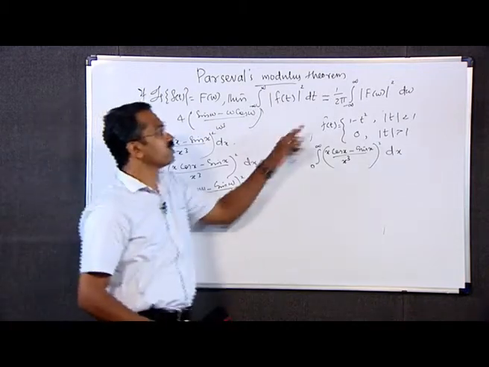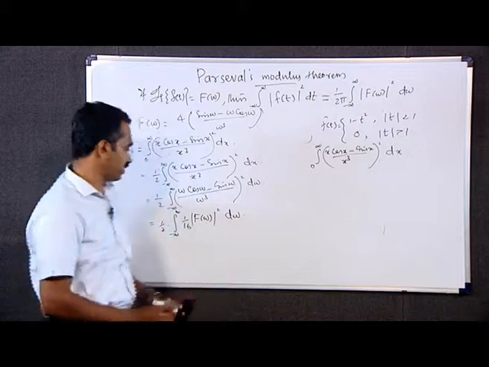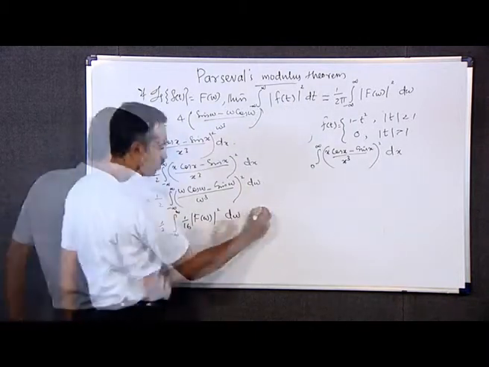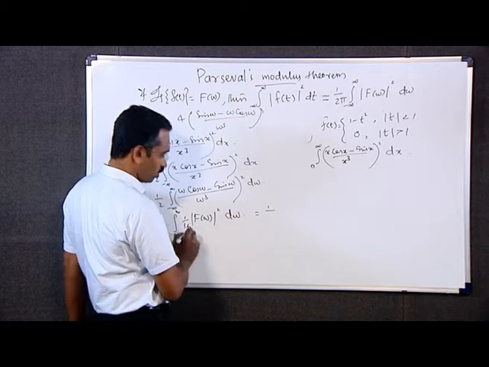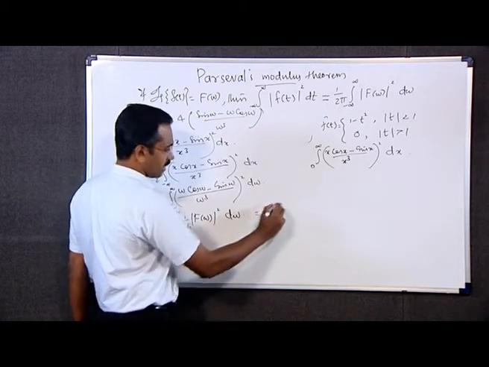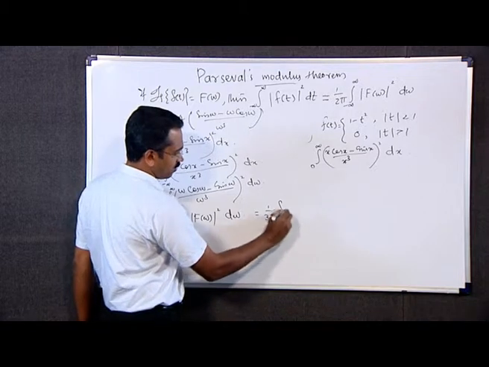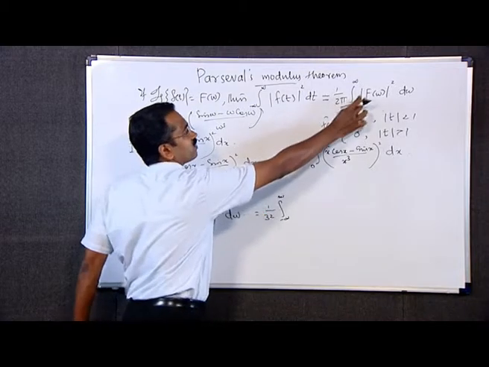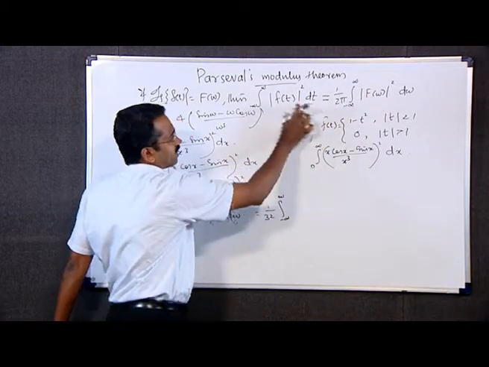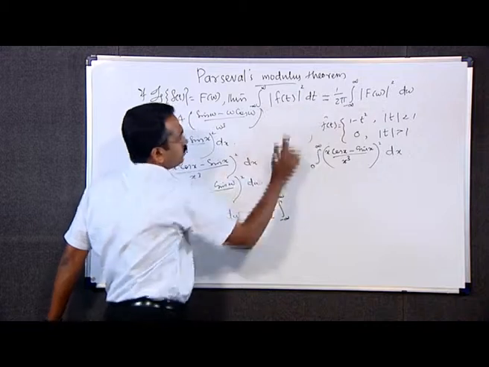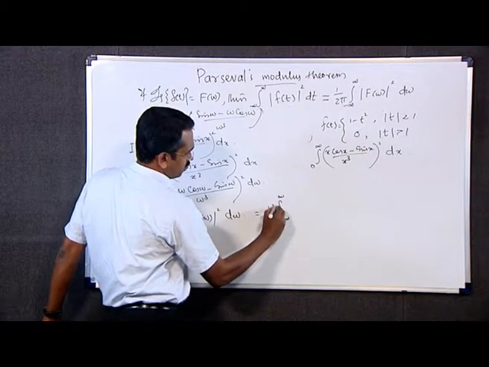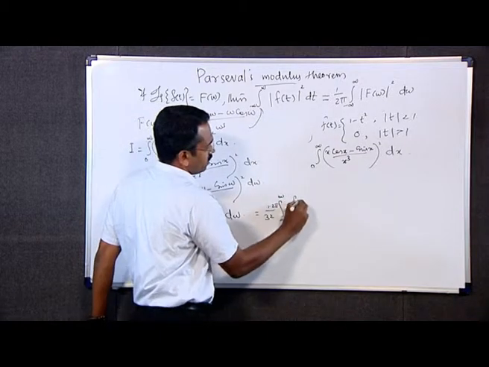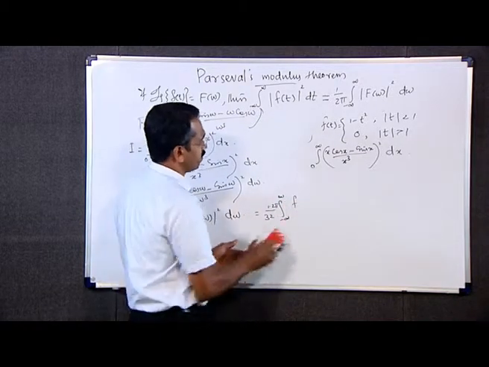Now, we use this Parseval's identity. From this identity, we can write this as equal to 1 by 2 into 1 by 16, that means 1 by 32, integral from minus infinity to infinity of modulus of f of omega whole square d omega. By using this Parseval's identity, we can write this integral as 2 pi into integral from minus infinity to infinity of modulus of f of t whole square dt.